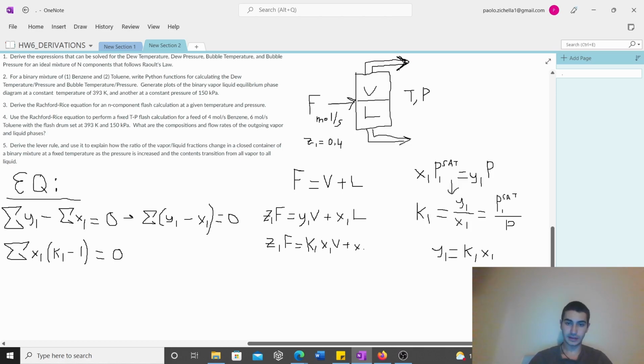And again, we see that there are some common factors here. We know that there's an xi, so I'm going to bring that out, so that the mole fraction of benzene multiplied by the feed is simply going to be equal to xi, the mole fraction in the liquid phase, multiplied by L plus Ki V, right?